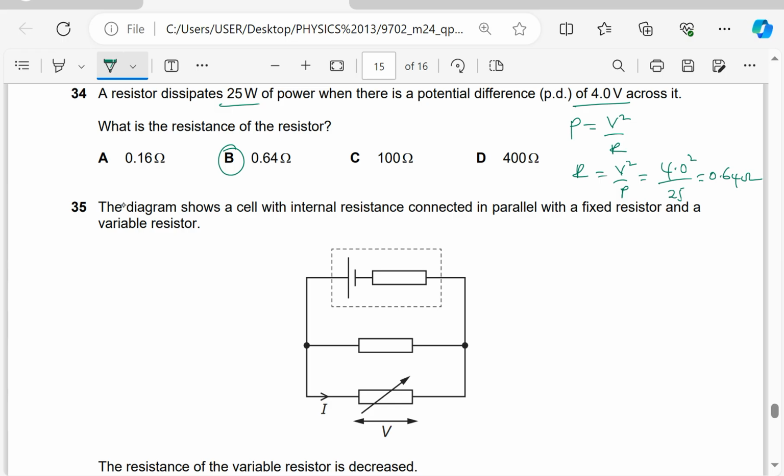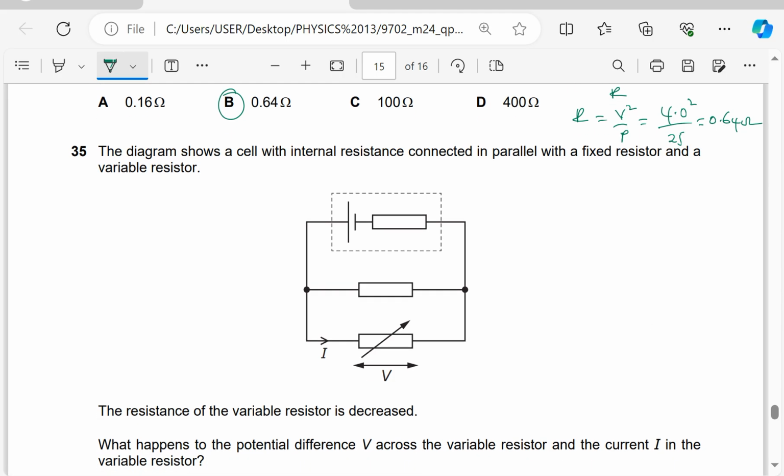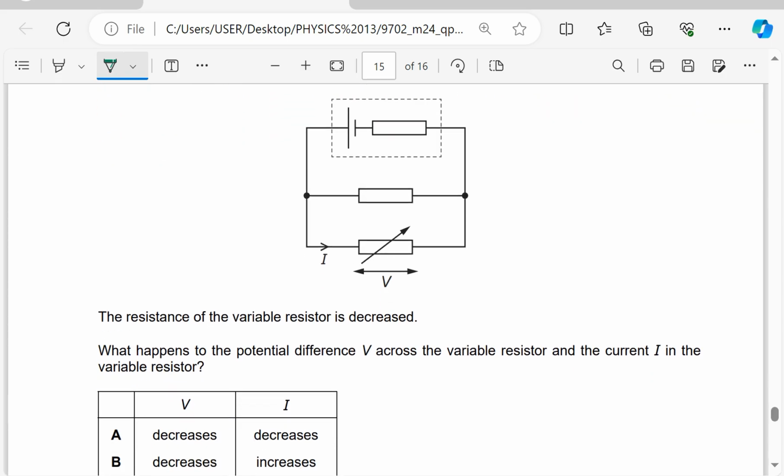The diagram shows a cell with internal resistance connected in parallel with a fixed resistor and a variable resistor. The resistance of the variable resistor is decreased.